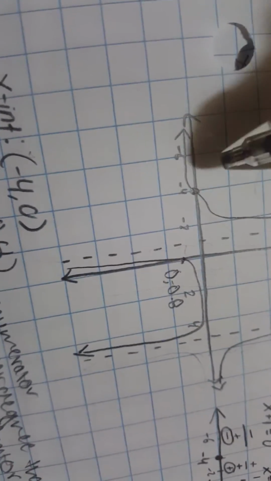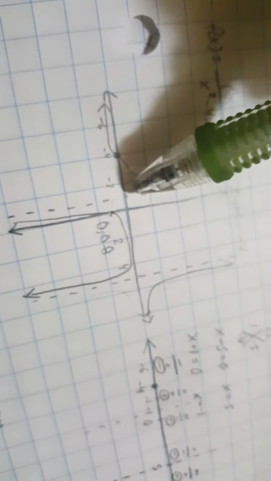And this is the end behavior. As x tends towards negative 1, f of x, the function of x, tends towards positive infinity. So at negative 1 right here, it just goes up, so that's why it's tending towards positive infinity. What I think is that f of x is just y.